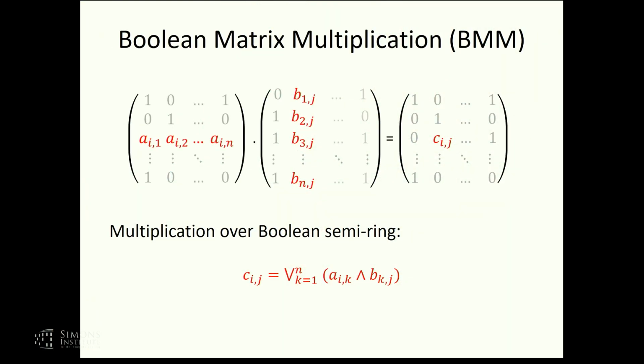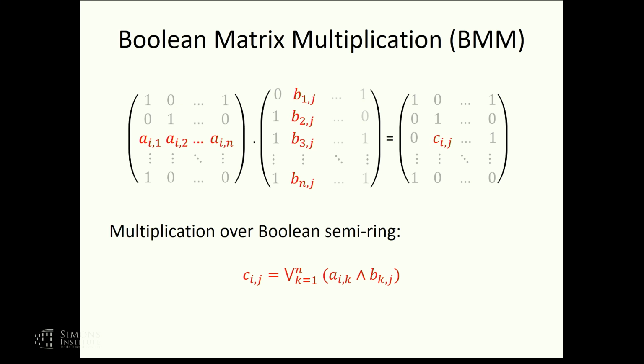So let me just remind you what Boolean matrix multiplication is, so we would be on the same page. By Boolean, of course, I mean that the values are just 0, 1, and then still the question is over which field. It's actually not over a field, it's over the Boolean semi-ring, so it's basically ANDs and ORs. You get two matrices which are 0, 1 matrices, and each entry Cij is basically this.